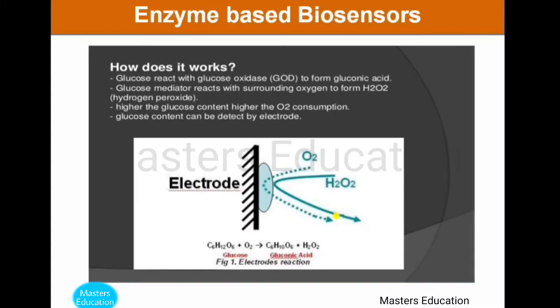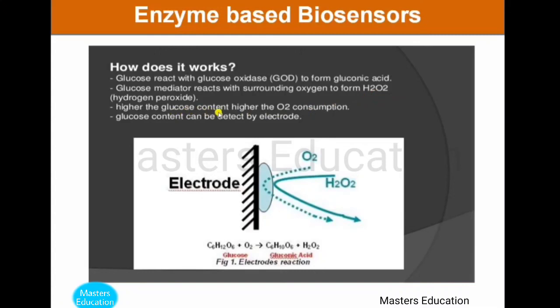First, glucose in the presence of the enzyme glucose oxidase gets oxidized into gluconic acid, and the mediator forms could react with surrounding oxygen to produce H2O2. This means that when glucose comes in contact with glucose oxidase, it forms gluconic acid, and the mediators formed along with the gluconic acid can also react with oxygen to form H2O2.